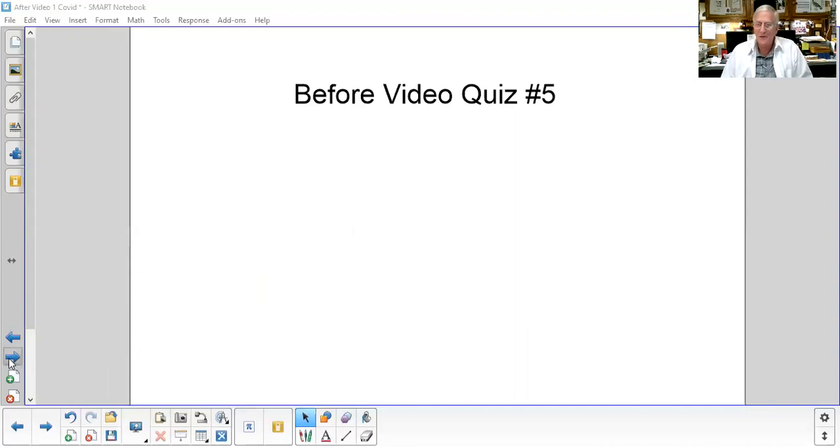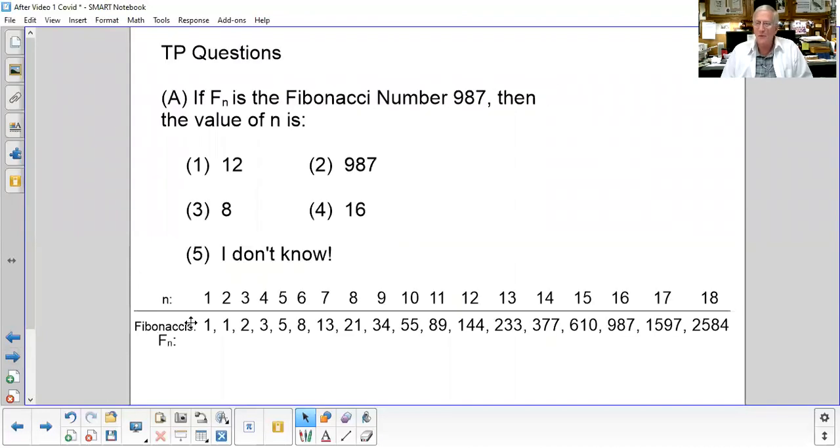Okay, so here we go. Question number 1. If f sub n is the Fibonacci number 987, then the value of n that should be under the subscript, where the n is, should be what?